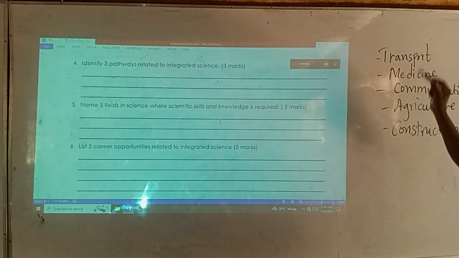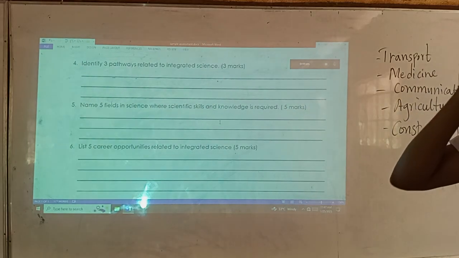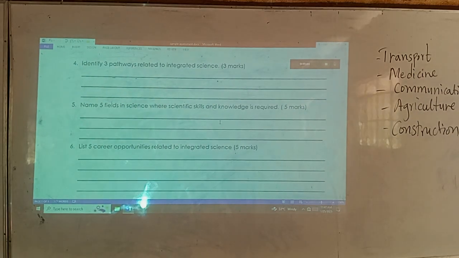So those are the 5 fields in science where scientific skills and knowledge is required.